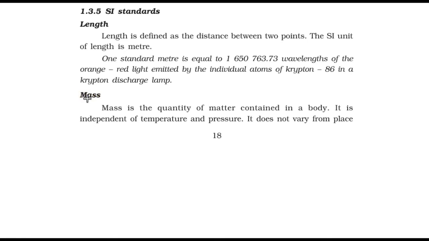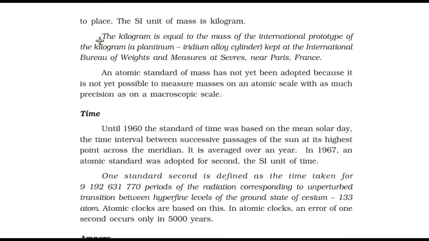Mass is the quantity of matter contained in a body. It is independent of temperature and pressure. It does not vary from place to place and its unit is kilogram. The kilogram is equal to the mass of the international prototype of the kilogram, a platinum iridium alloy cylinder kept at the International Bureau of Weights and Measures at Sevres near Paris, France.